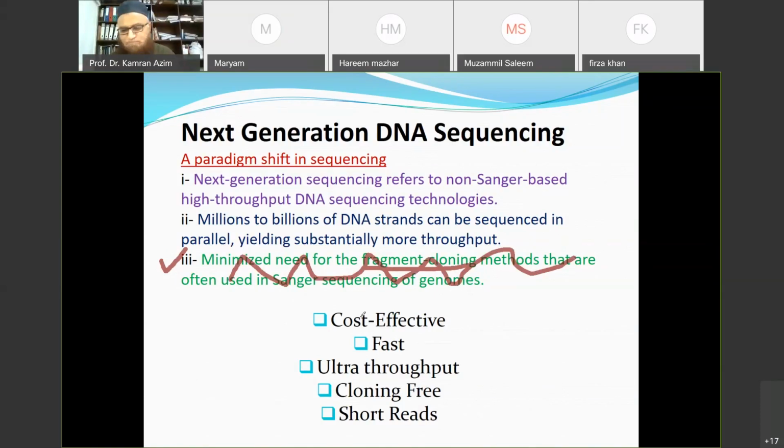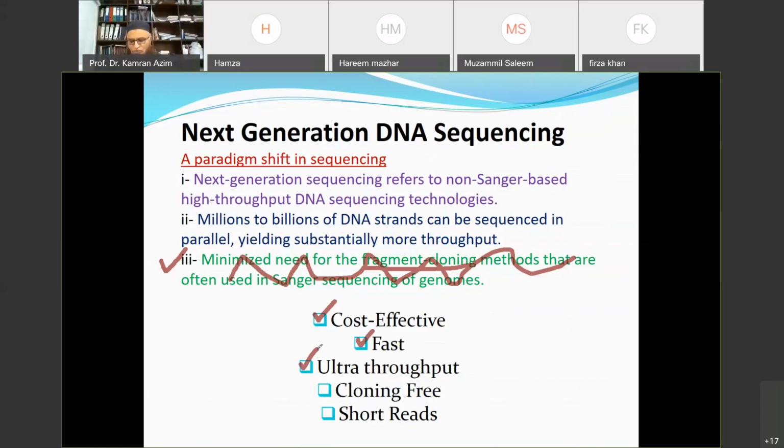NGS is cost effective. It is very fast. You can get sequencing data in hours, compared to weeks and months in the case of Sanger sequencing. It is ultra high throughput.